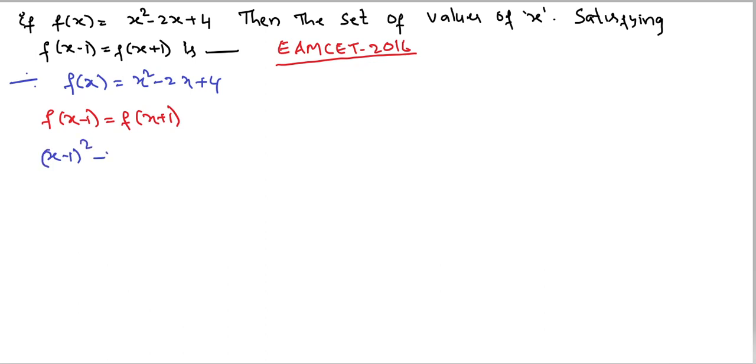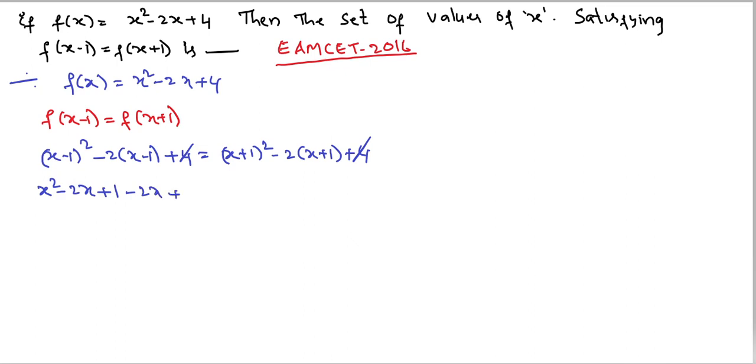f(x − 1) is (x − 1)² − 2(x − 1) + 4, equal to f(x + 1), which is (x + 1)² − 2(x + 1) + 4. On both sides 4 cancels. (x − 1)² is x² − 2x + 1, and −2(x − 1) is −2x + 2; on the right, (x + 1)² is x² + 2x + 1, and −2(x + 1) is −2x − 2.